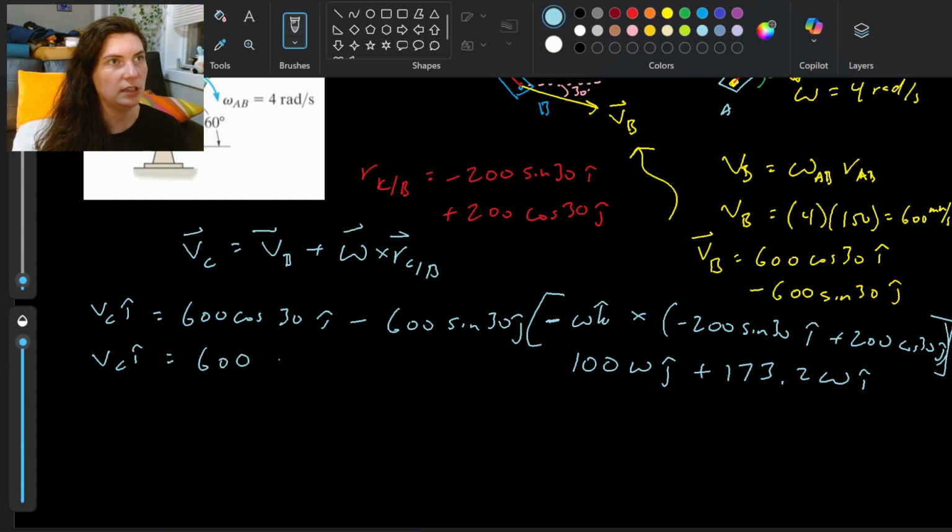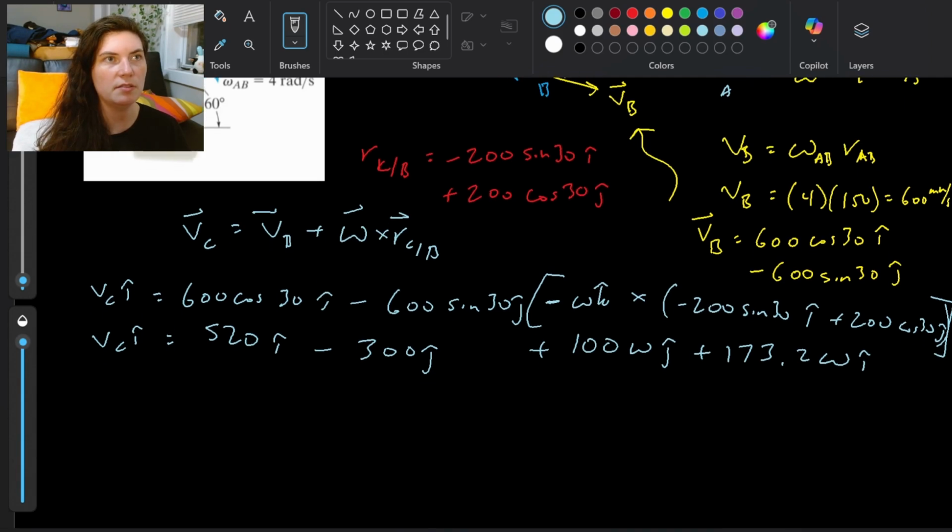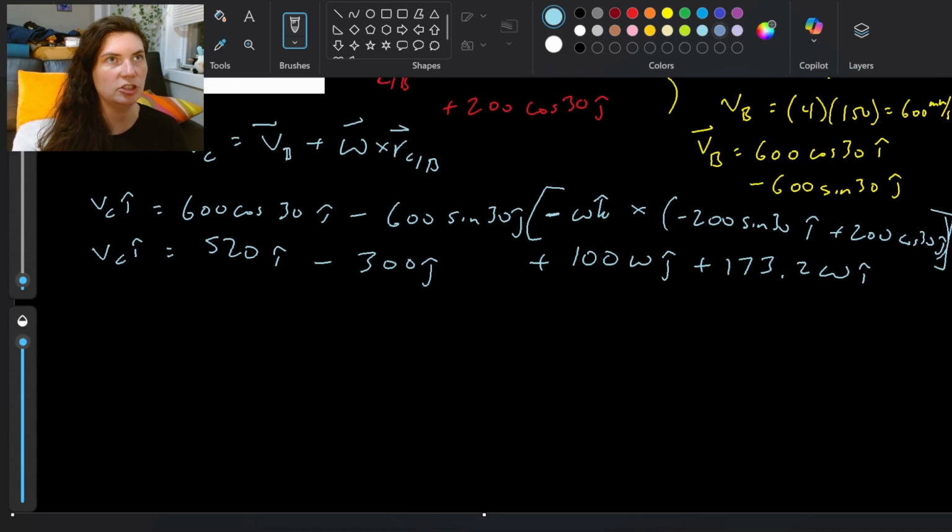Right, the VC, I guess I could simplify this. 600 cosine 30 would be 520 i hat. And then 600 sine 30 would be 300 j hat, and that's a plus. So I'm going to separate all of this out into just the i hats and the j hats.